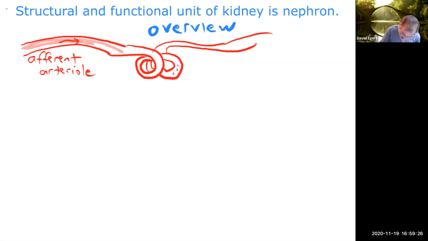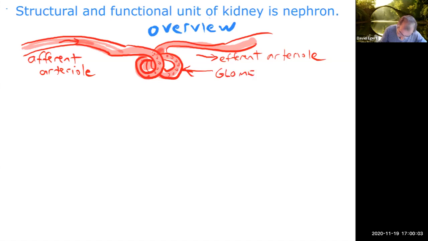These are fenestrated capillaries, which we talked about being super leaky. The part that's leaving here is called the efferent arteriole, actually. This thing here, glomerulus.